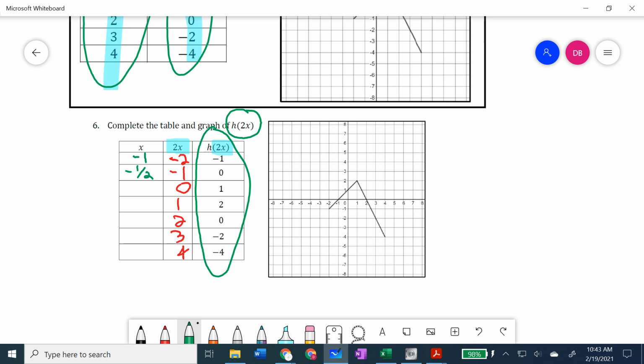If 2x is 0, x is also 0. And hopefully you see that to go from 2x to x, you have to divide by 2. So 1 divided by 2, 2 divided by 2, 3 divided by 2, and 4 divided by 2.